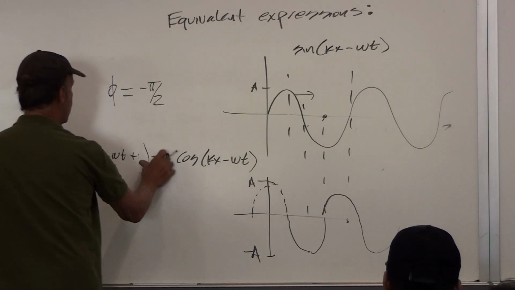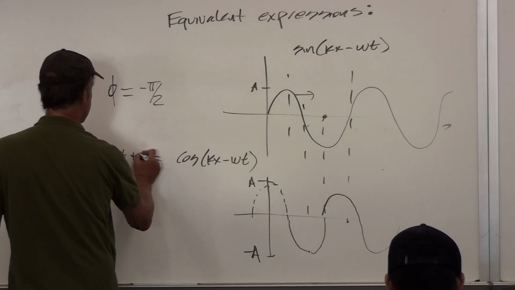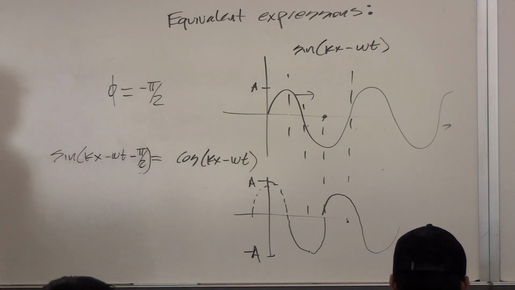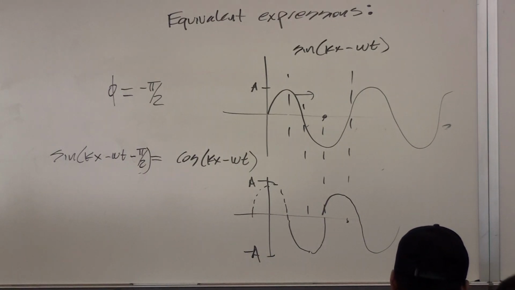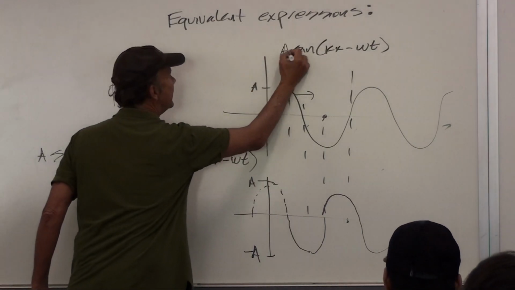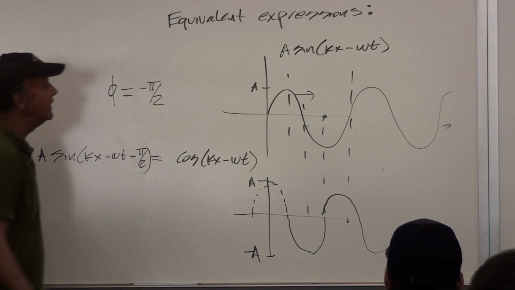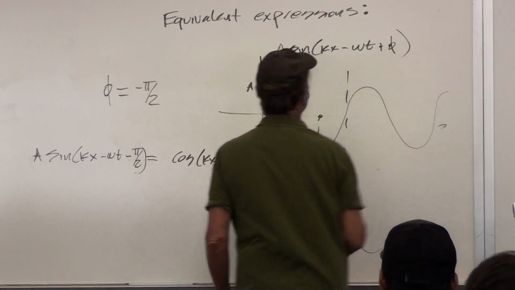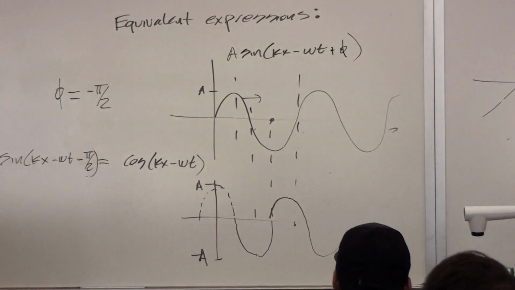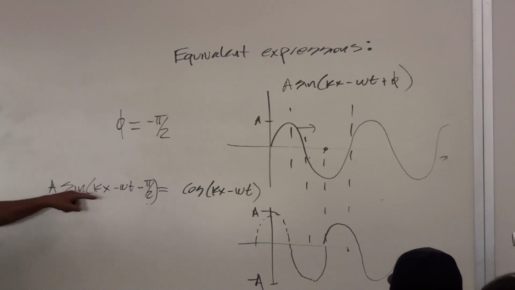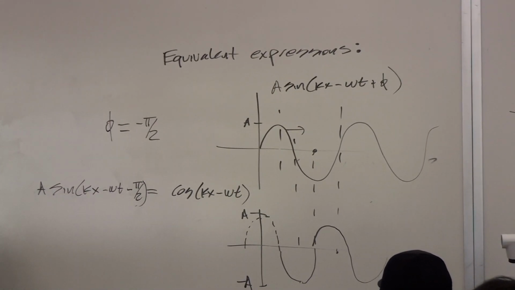Okay, so now we've written both of these essentially as having the same sinusoidal dependence, same functional dependence, assuming the amplitude is the same, we can put that in there too. The only thing that's changed is our phase angle. So in this case, we also have a phase angle, but it's 0. And so that means that you can change a sine function into a cosine function anytime you want, just by adding the appropriate phase angle.